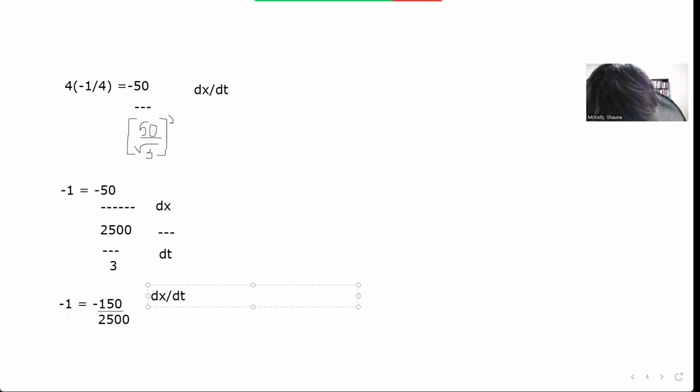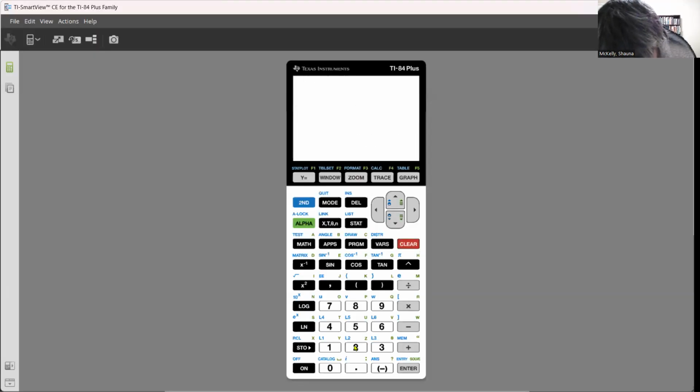Let me bring up the calculator for us and share the screen. And this becomes 0.06.